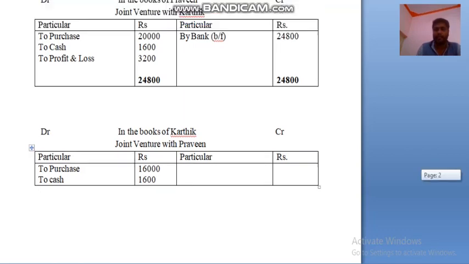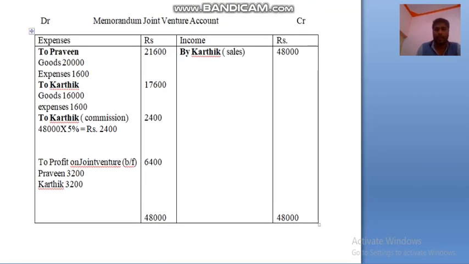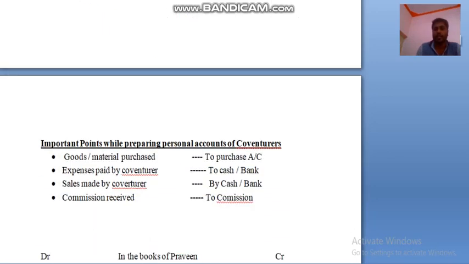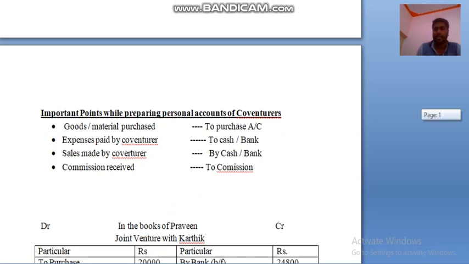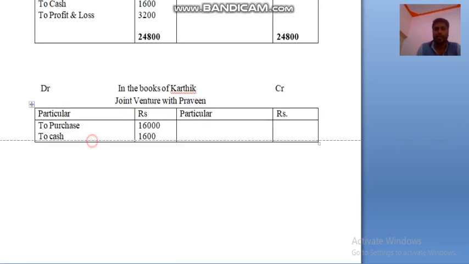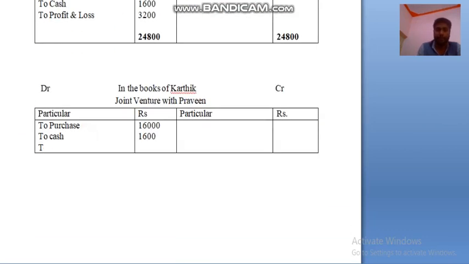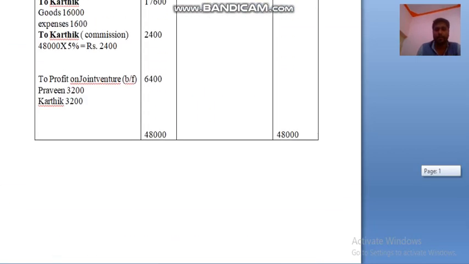Next, the next transaction is also related to Karthik. That is for commission. In case commission is received, that should be debited with commission. So to commission, how much? 2,400 is commission.